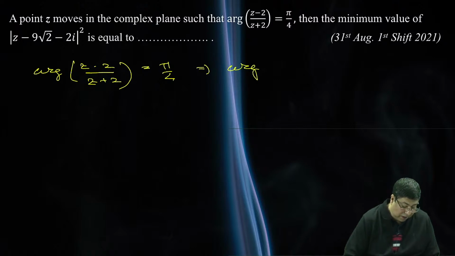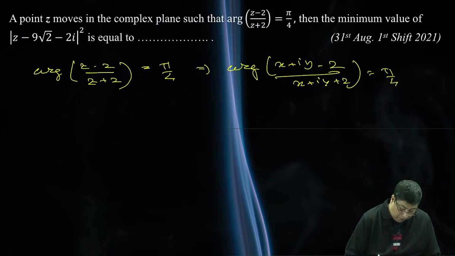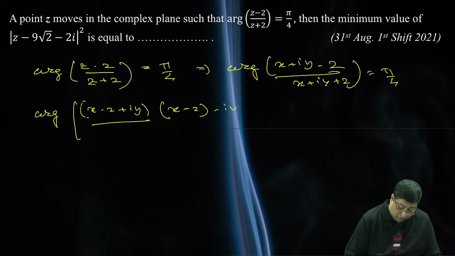Z equal to x plus iy, argument of (x plus iy minus 2) by (x plus iy plus 2) equal to pi by 4. Let us rationalize the denominator.